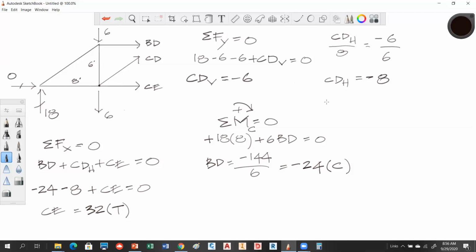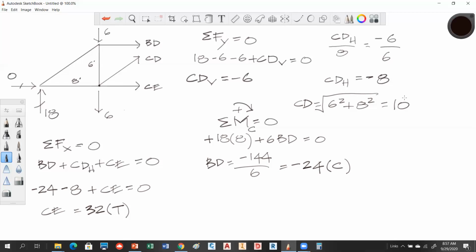Okay, so we need to solve CDH yet, or CD rather. So CD is 6 squared plus 8 squared, square root. What'd you get? 10? 10 kips?